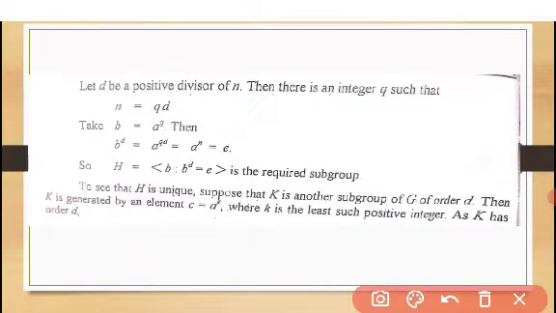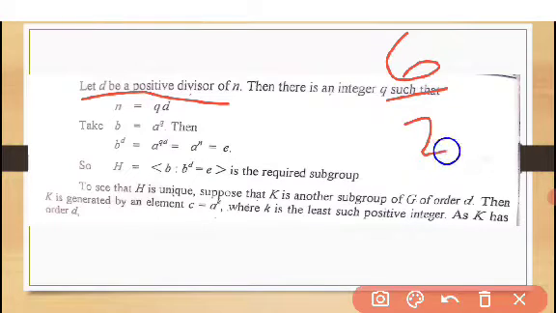Let D be a positive divisor of n. Keep in mind 6 is n. 6 are the elements of G, and let's suppose any divisor D, 2 divides it, which gives us 3.